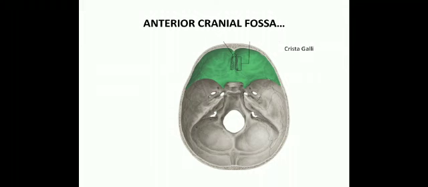The crista galli is situated at the center. Then there are the foramina of the olfactory nerve rootlets, which we can make out in the cribriform plate of ethmoid bone.